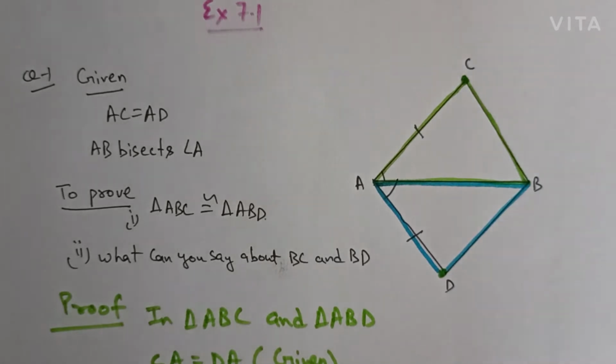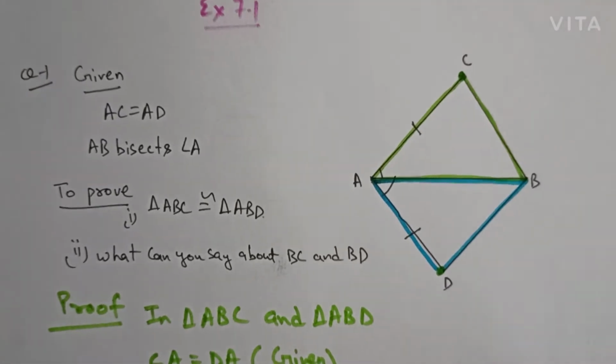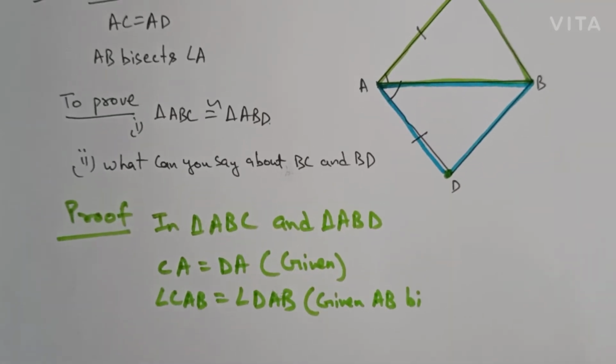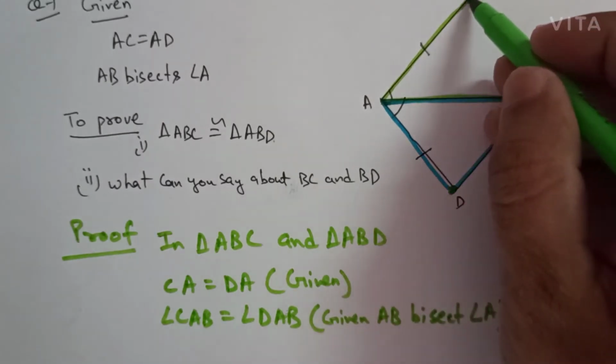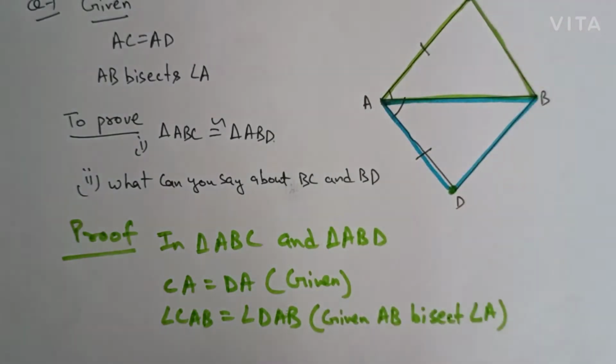It is also given, or you can write given AB bisects angle A. It is given that AB is bisecting angle A, so CAB is equal to angle DAB, given AB bisects angle A. Now the third thing is AB and AB. From C we have moved to A, then we are moving towards B. So AB is equal to AB.